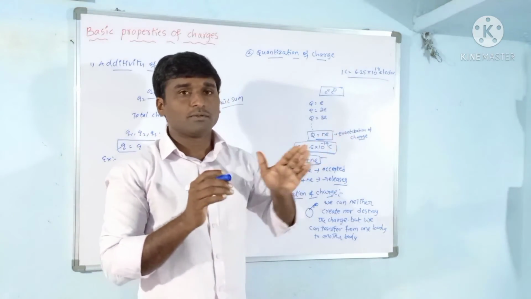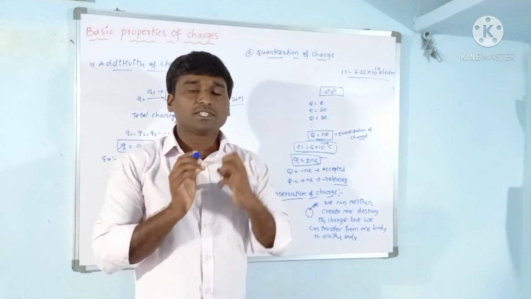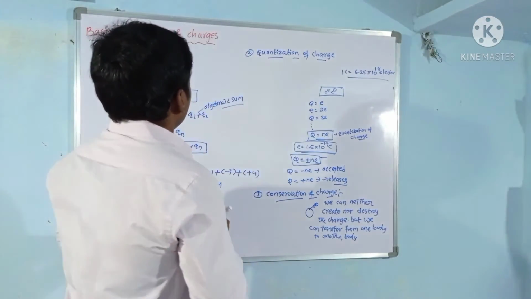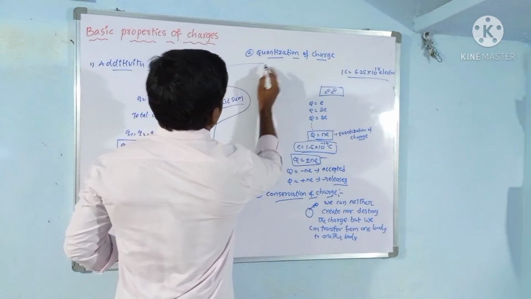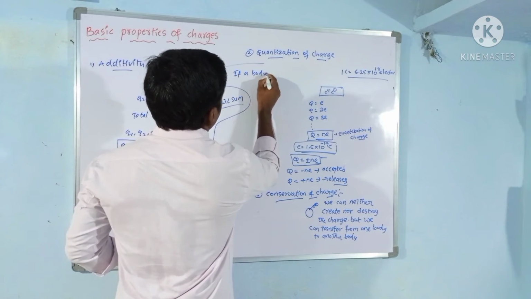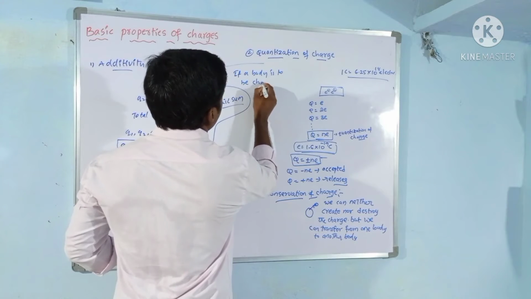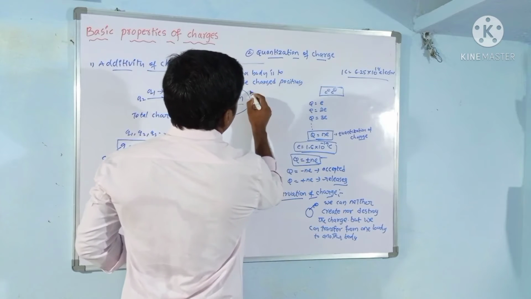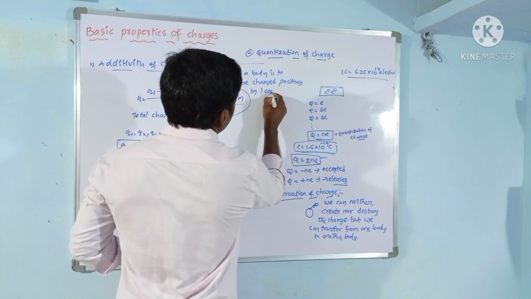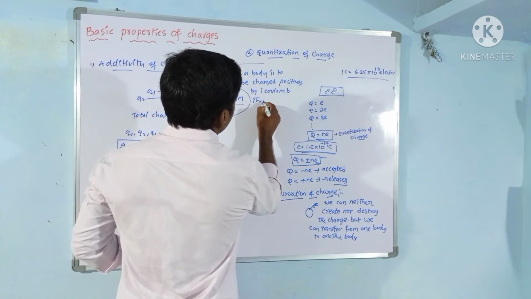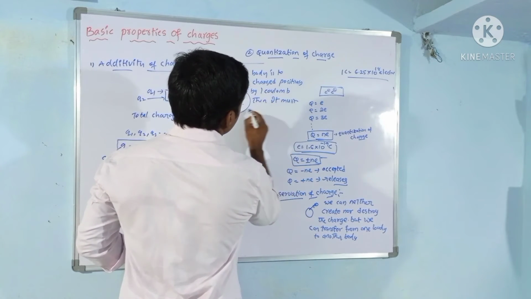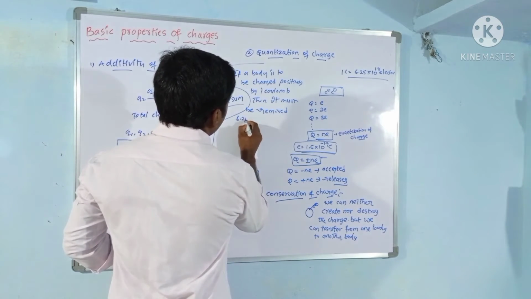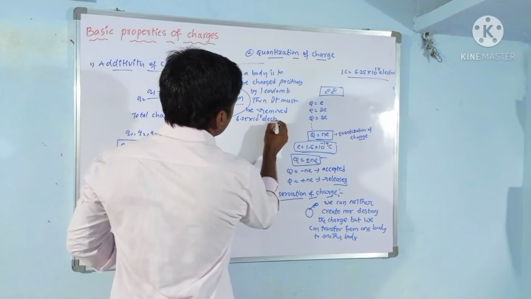That means if a body is to be charged positively by 1 coulomb, then 6.25 into 10 to the power of 18 electrons must be removed from it.